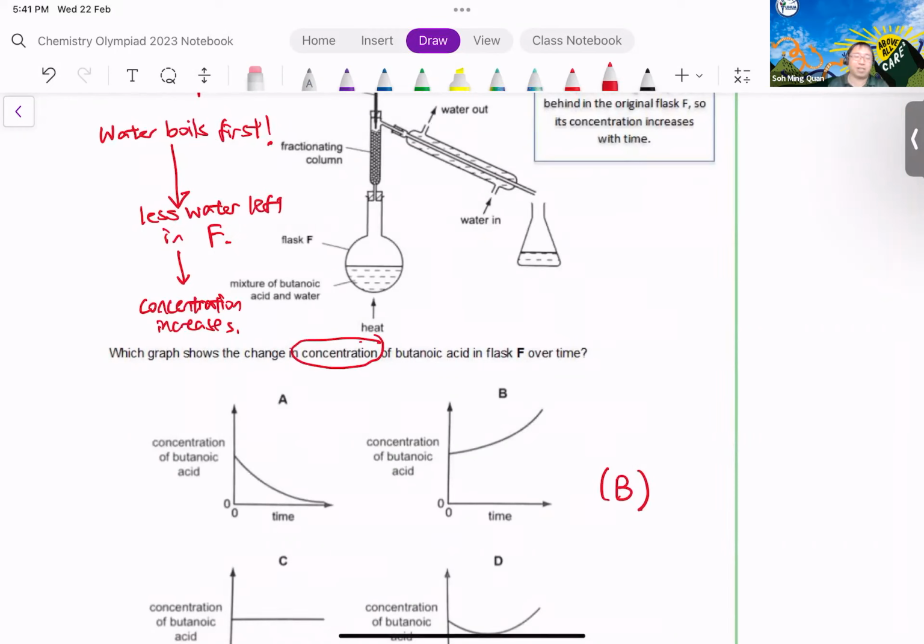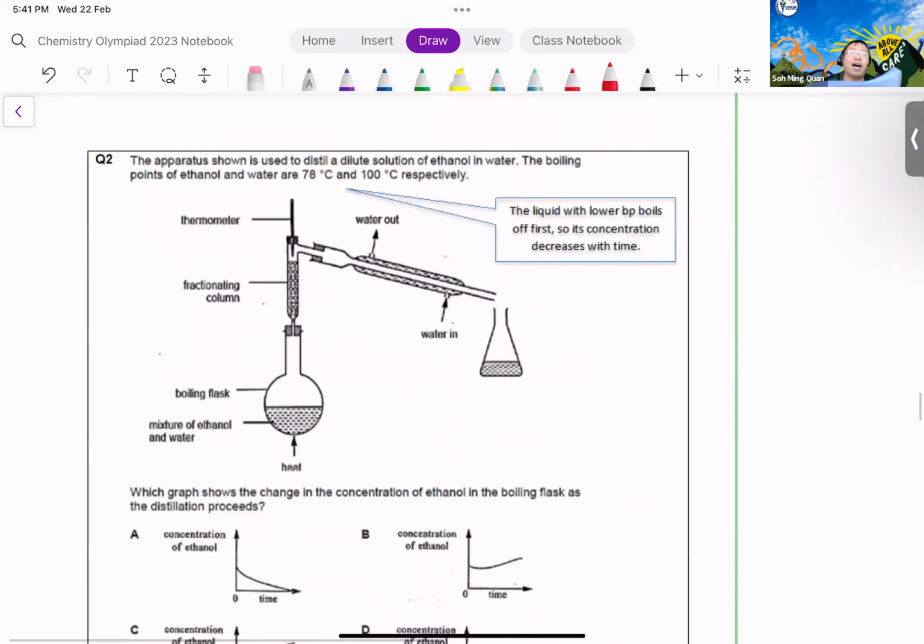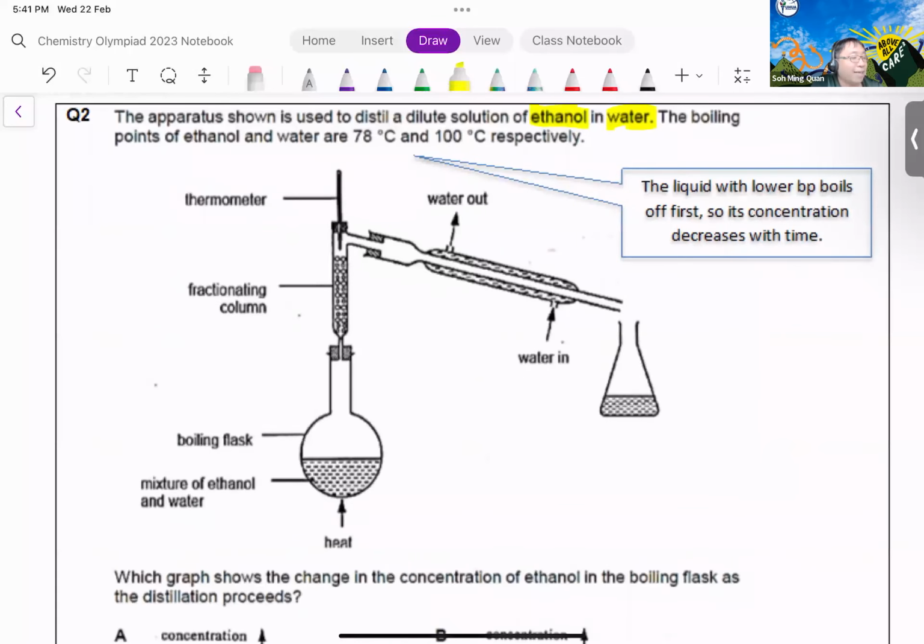Now let's look at the next question, which is also from my MCQ revision set. Let's move on to the next page. The next page is also fractional distillation, but now we are separating ethanol and water. Ethanol's boiling point is 78. Water is 100. Clearly, 78 is lower than 100, right?